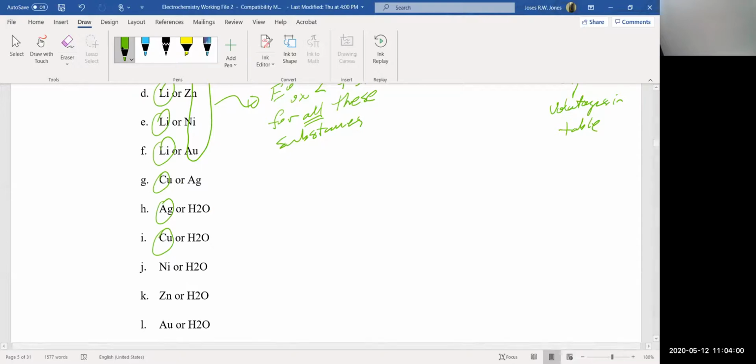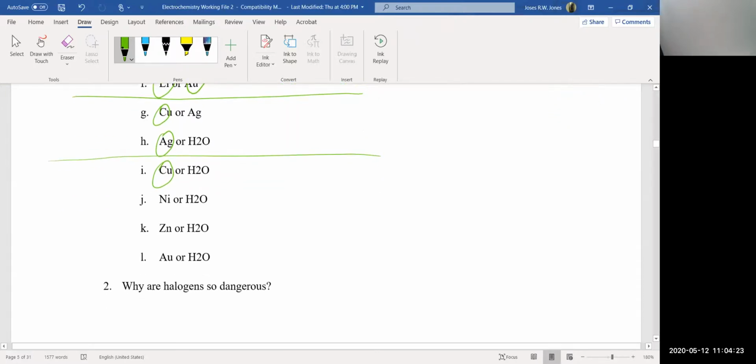Between nickel and H2O, you're looking at the H2O on the right-hand side, find it in the table, which has a more positive oxidation potential, so reverse the reduction potential. That's what we're getting over here. Copper versus Ag versus H2O, and now over here, copper versus H2O, nickel here, zinc has more positive, and gold versus H2O, H2O is more positive.